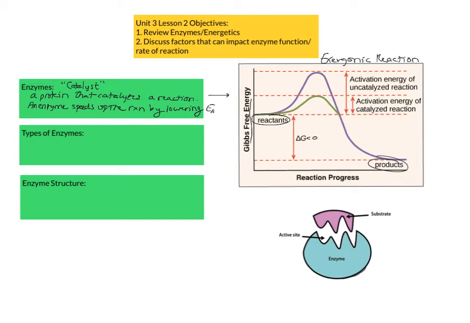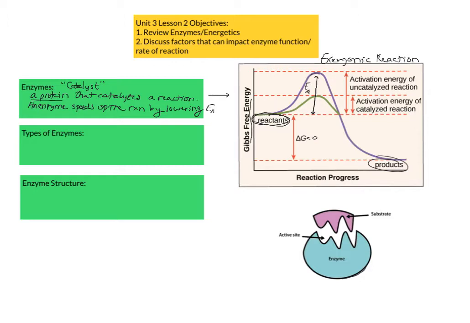Now remember that the role of an enzyme is that it is a protein that catalyzes the reaction by lowering activation energy. So just a quick recap. Activation energy, or E subscript A, is this barrier that the reactants have to get over before that reaction will proceed. Energy has to be absorbed from the surroundings in order to get those reactants above that activation energy hump, and then it will proceed downhill from there.